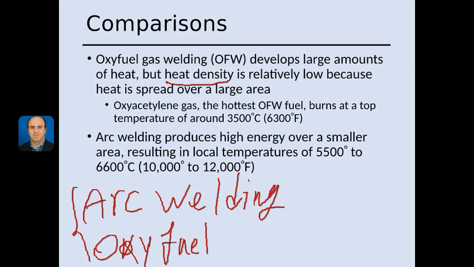As you see, the maximum temperature we can get with oxyacetylene is 3,500 degrees Celsius. But arc welding produces more heat with higher density, so the maximum temperature is almost double the maximum temperature in the oxy-fuel welding process. So these are some of the differences between arc welding and the oxy-fuel welding process.